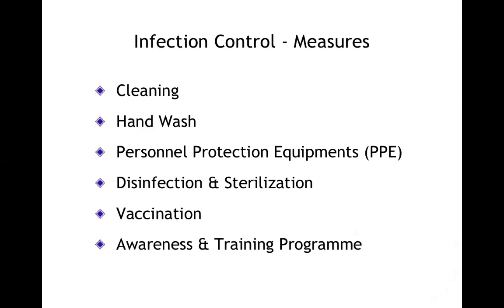Proper cleaning of workstation, hand wash with appropriate detergent, and following proper hand washing technique. A proper procedure shall be followed, and you are using personal protective equipment, disinfection and sterilization of the work area. People shall be vaccinated, and people shall have awareness about infection control. How will they get the awareness? Through the training programs.